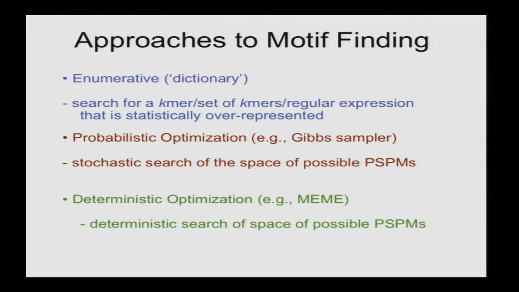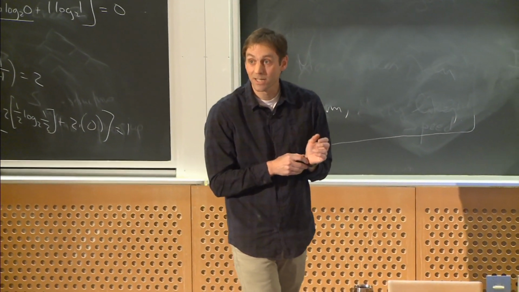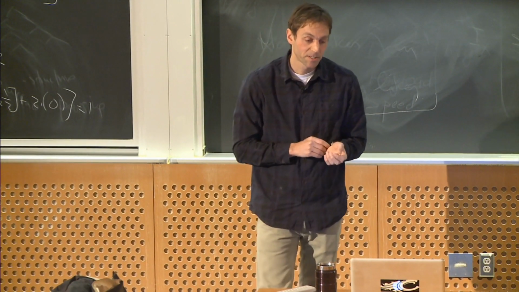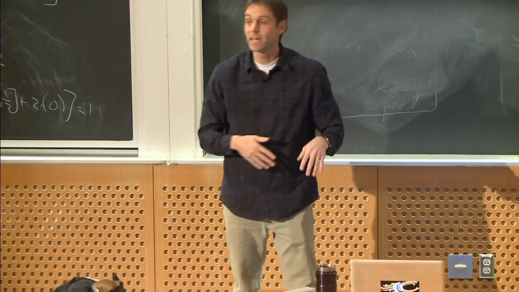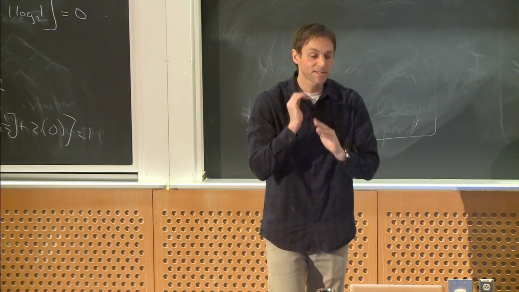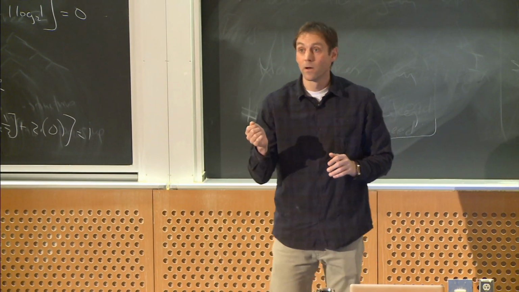One approach is the so-called enumerative or dictionary approach. In this approach, you say, we're looking for a motif of length 6 because this is a leucine zipper transcription factor that we're modeling, and they usually have binding sites around 6, so we're going to guess 6 and enumerate all the 6mers.